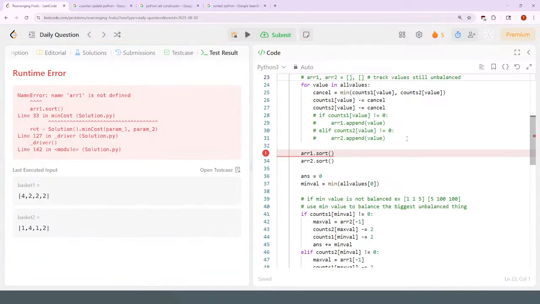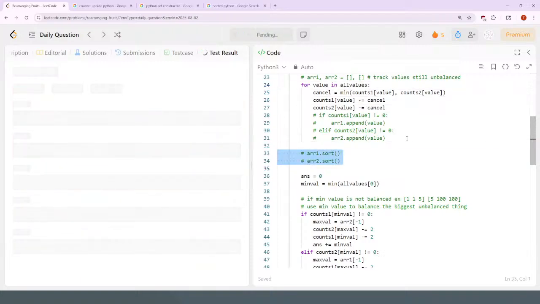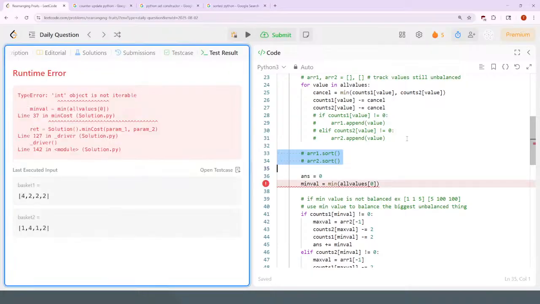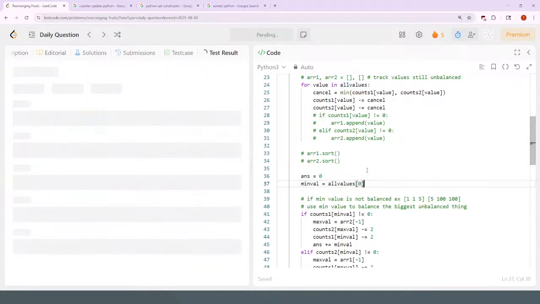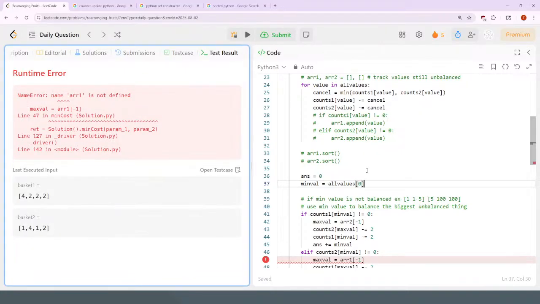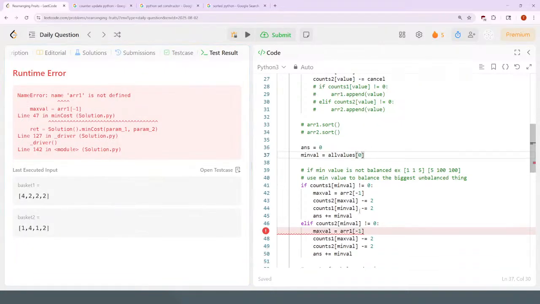Guess that was a slightly different thought process back then, before I realized I could just not worry about the particular values themselves and how frequently they were, just need to iterate through. Max value is array 1. I guess I did need that.